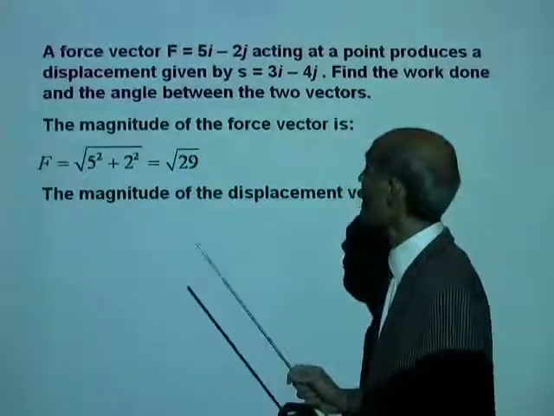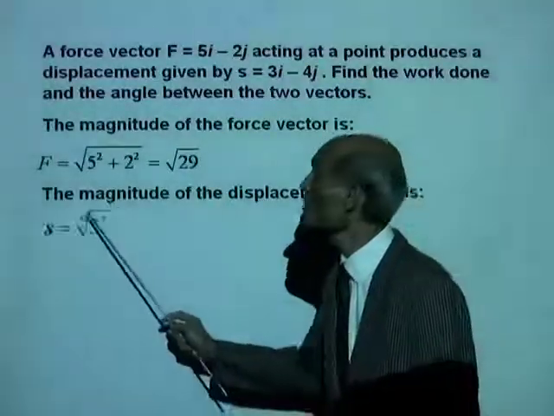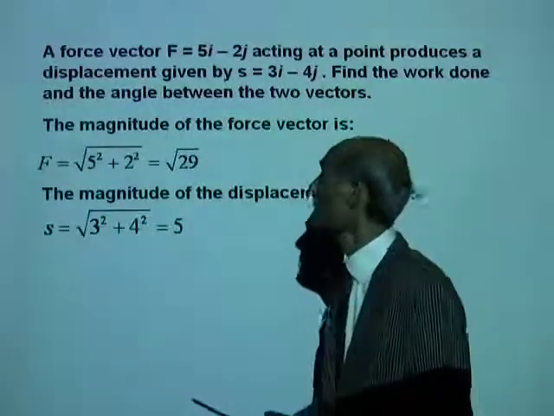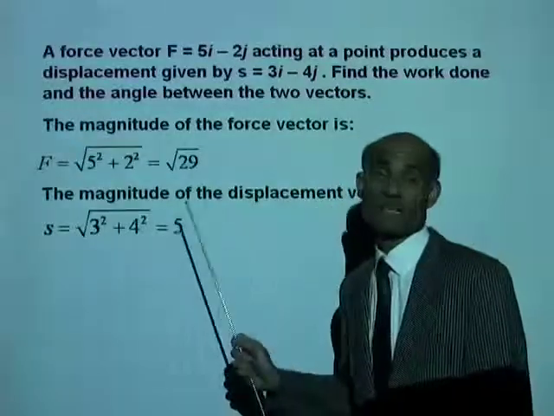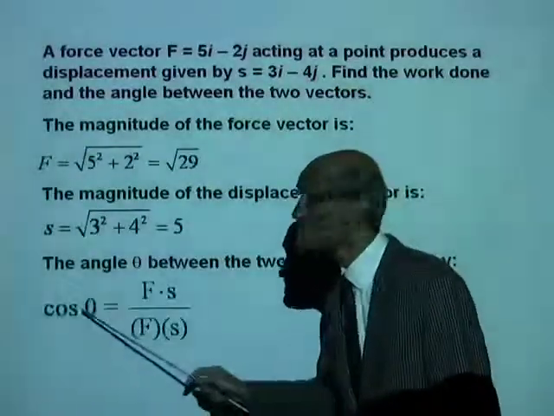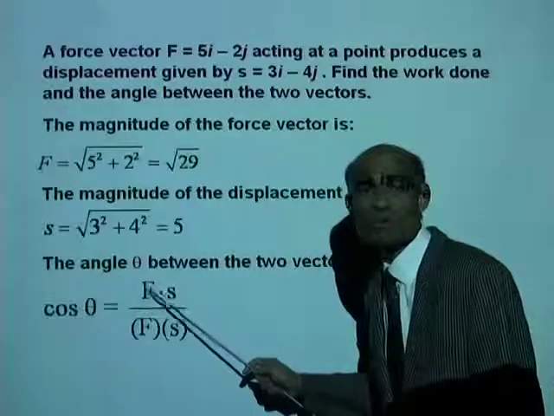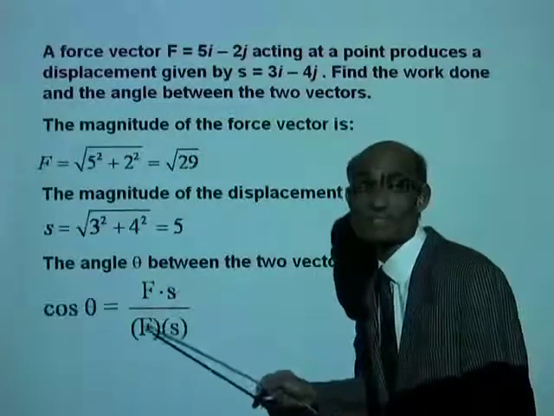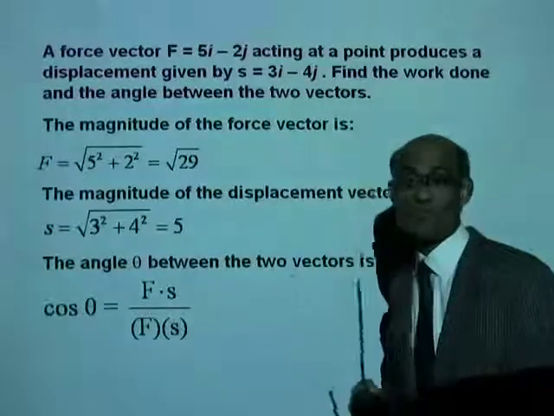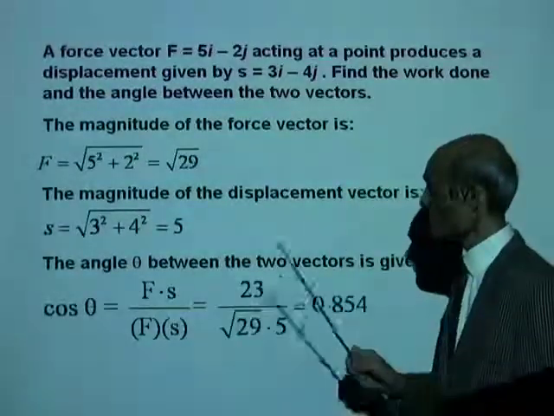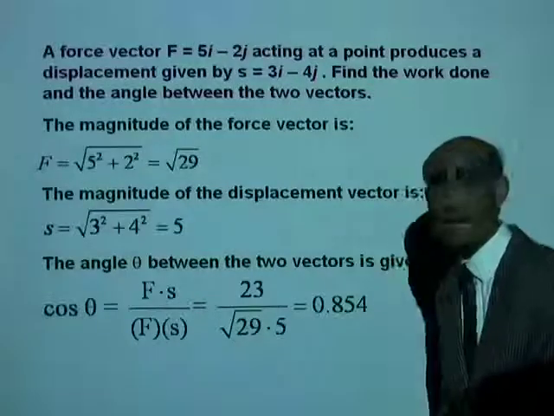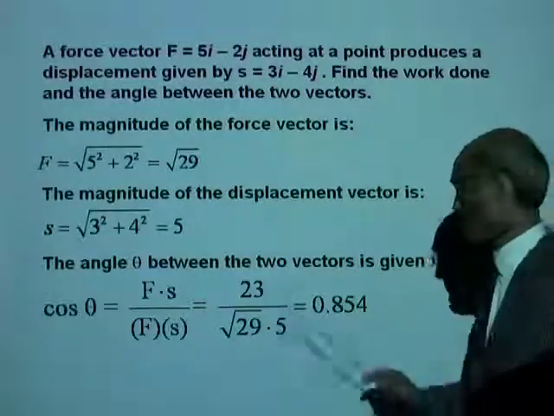The magnitude of the displacement vector is S equal to square root of 3 squared plus 4 squared, that is 5. Cos theta equal to F dot S divided by magnitude of F times magnitude of S. That would be 23 divided by square root 29 times 5.